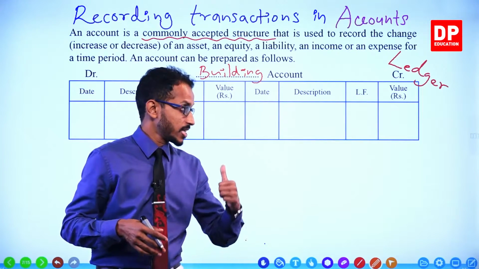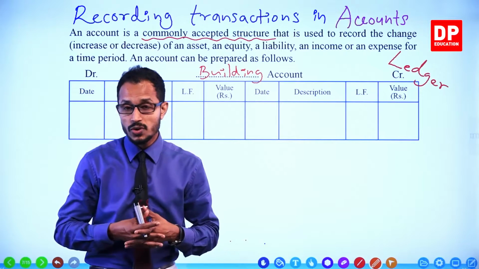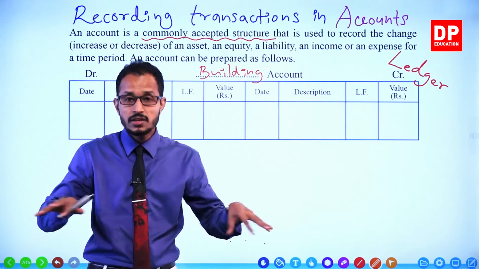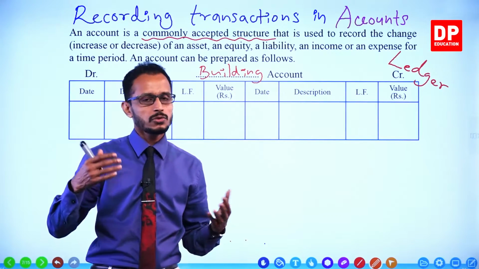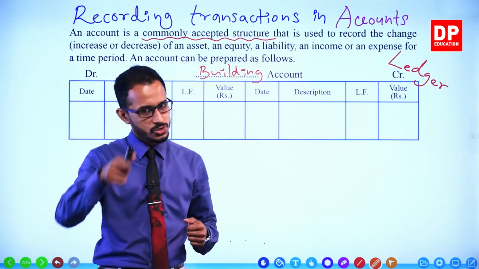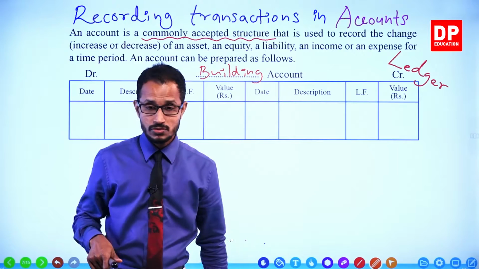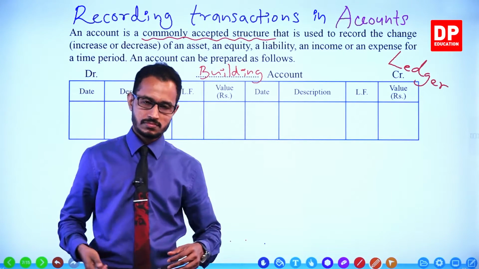These accounts are now stored in computers, and double entries are recorded in a computerized system. But you can't do that. You students are learning this system and learning how to record in accounts, so you should do it in books.